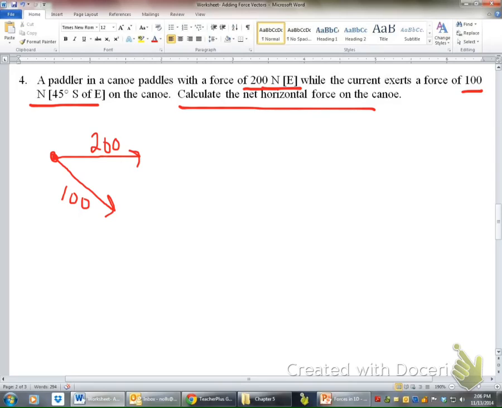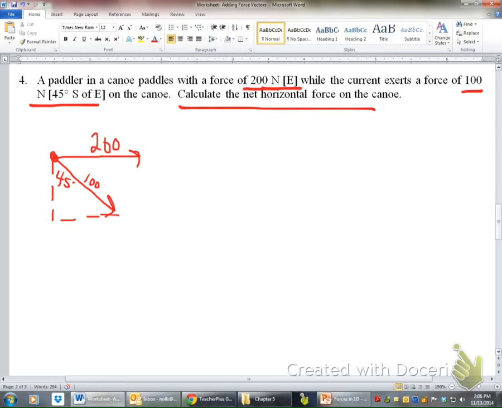Okay, you can draw this component triangle on either side since it's a 45-degree angle. Okay, I'm going to move my 100 out of the way here. And we know this angle is 45 degrees. Okay, could everyone have done that diagram by themselves? I think you could. I hope you can.